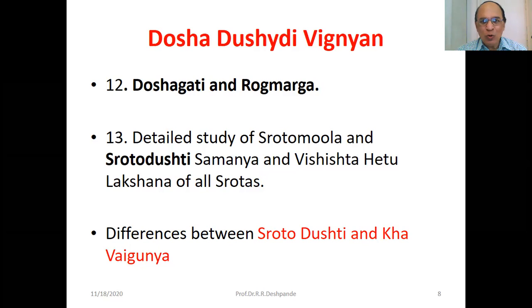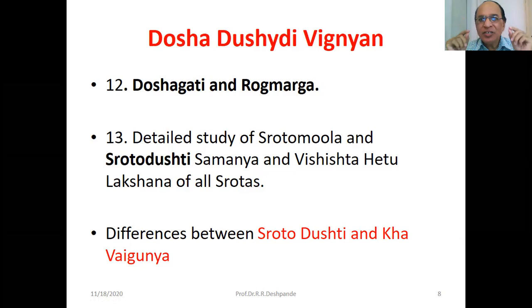Detailed study of Srotomula and Srotodushti. The Srotas concept is very important for physiology, pathology and medicine in Ayurveda. I will make a separate video for Srotas. Then Samanya and Dushti Hetu, Lakshana of all the Srotas. 13 are important, though actually there are innumerable Srotas, micro and macro channels.